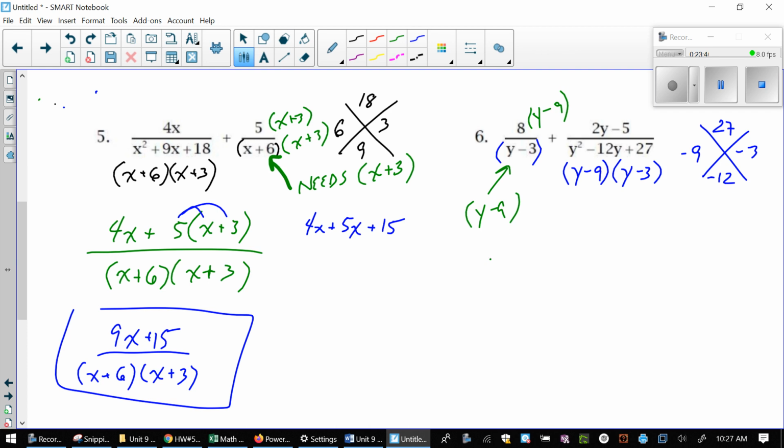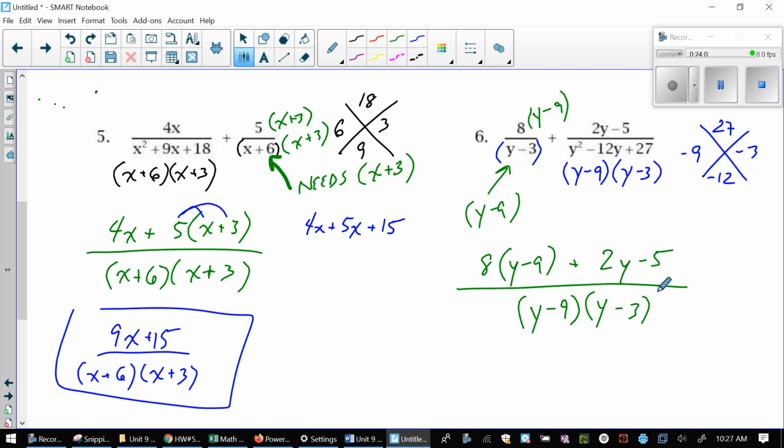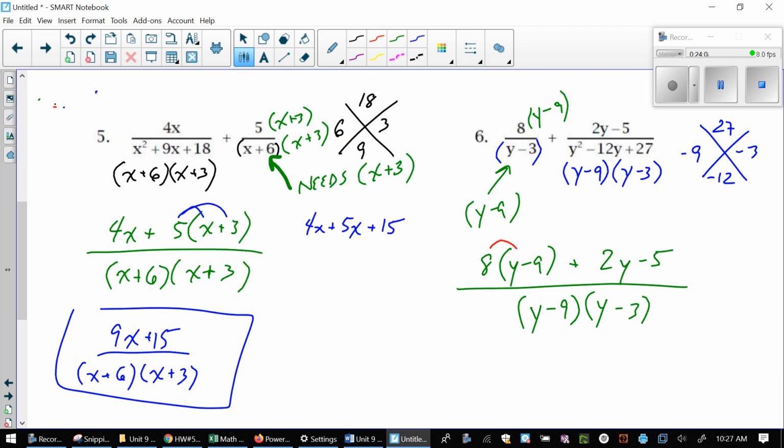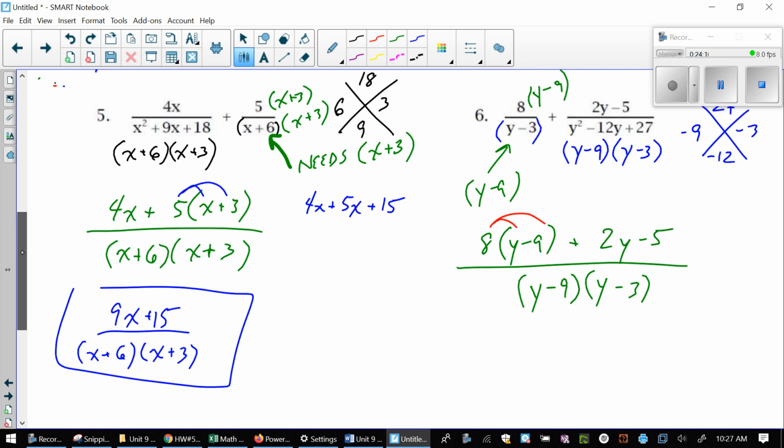And here we go. 8 times y minus 9 plus, I'm going to go ahead and add this next numerator, make it one fraction, combine, and my common denominator is y minus 9 and y minus 3. Not too bad at all. Some of these work out really nicely and aren't too bad. Some of these you've got to do a little more work on.